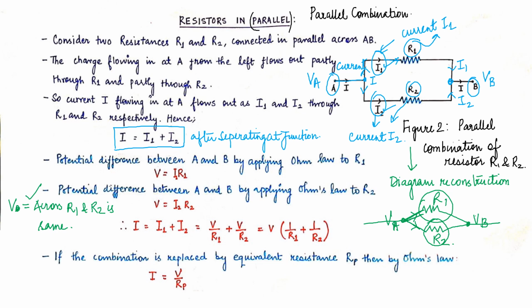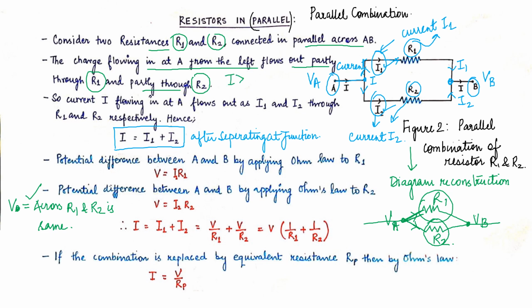Now consider the two resistances R1 and R2, as we did in the previous case, connected in parallel across terminals A and B. The charge flowing in at A from the left flows out partly through R1 and partly through R2. We do not know what amount of I1 is flowing and what amount of I2 is flowing.